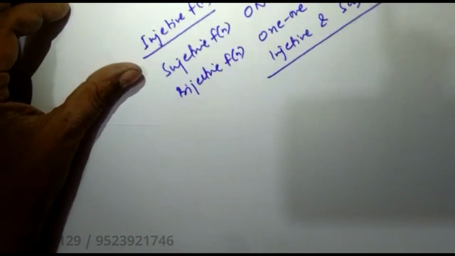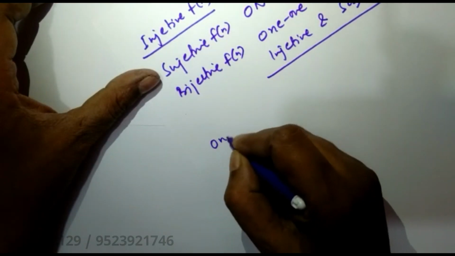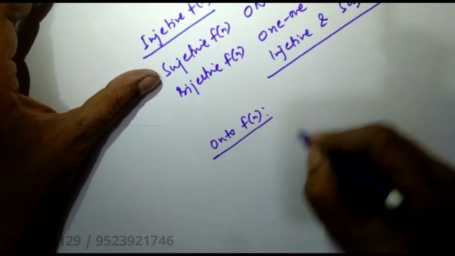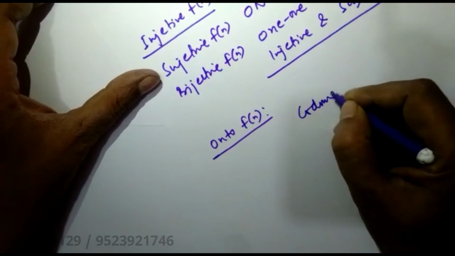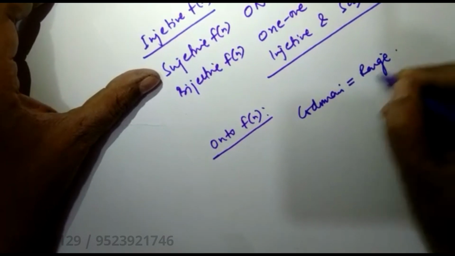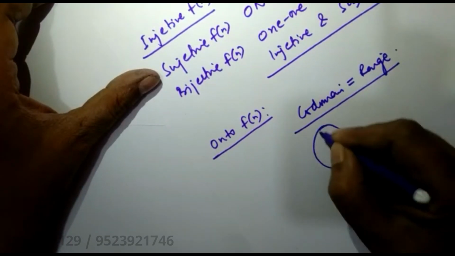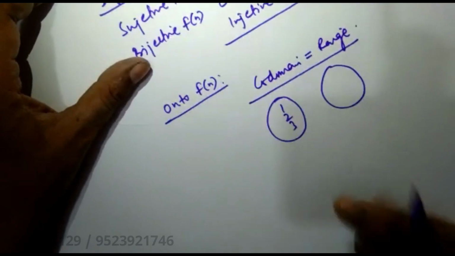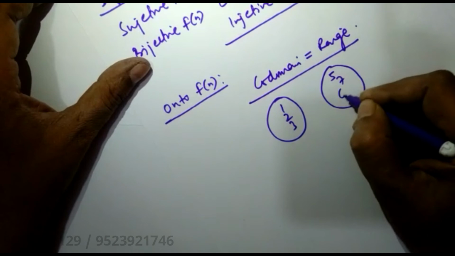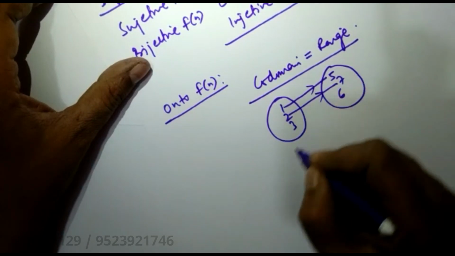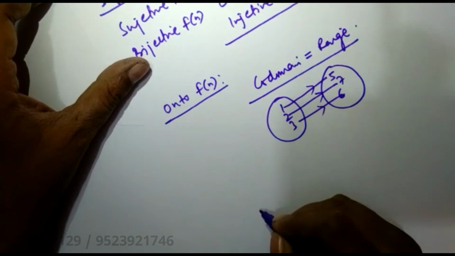Next thing, what is onto function? Onto function means codomain is equal to range. For example, let this is the function, 1 2 3, and here 5 7 6. 1 goes to 5, 2 goes to 7, 3 goes to 6.